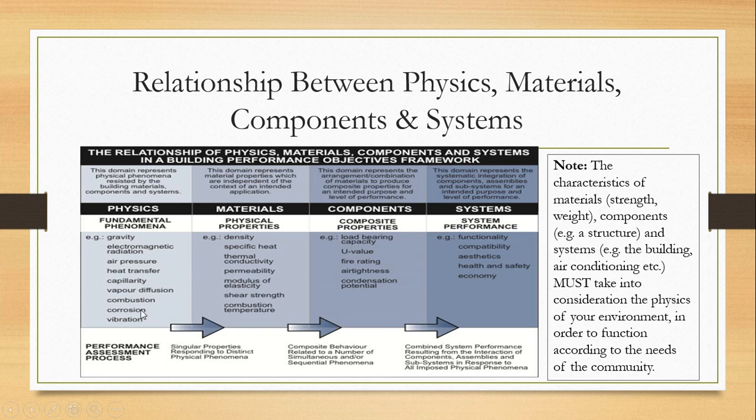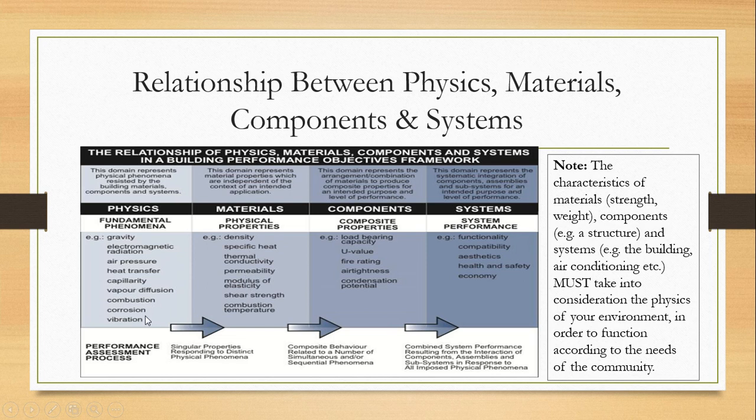All right, so for example, the physics of materials is the nature of your material. Is it combustible, corrosive? Does it vibrate? What level of vibration? How dense is your material?